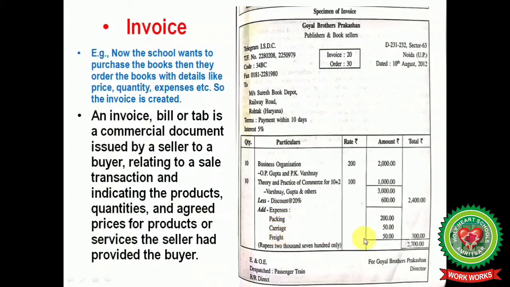All these expenses are involved in the invoice. So an invoice, bill or tab is a commercial document issued by a seller to a buyer relating to the sale transaction and indicating the products, quantities and agreed prices for products and services the seller has provided the buyer.